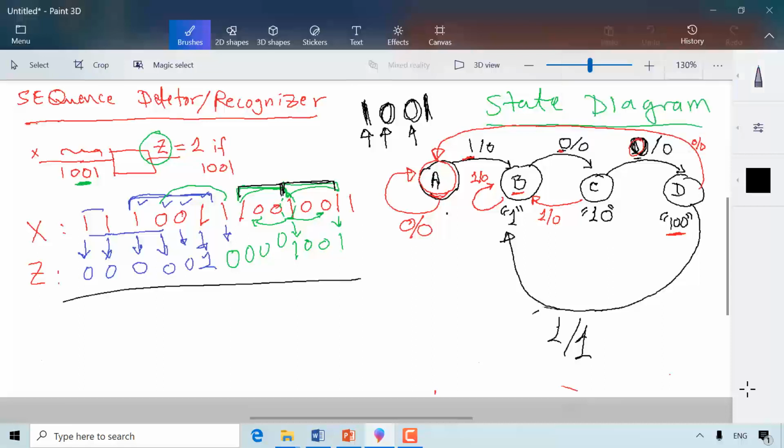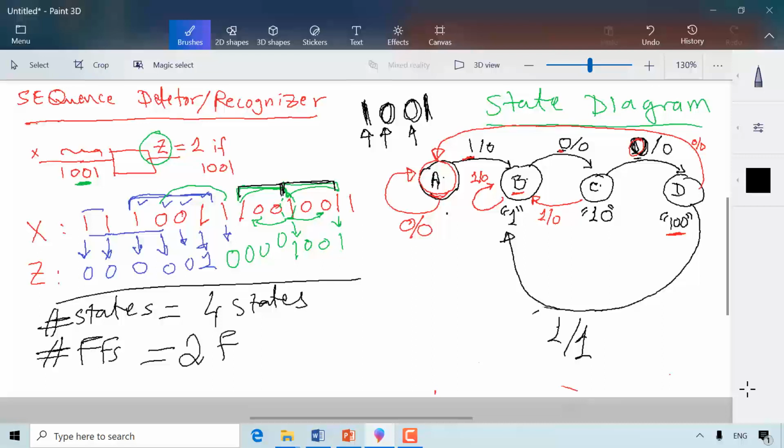In this circuit, how many states do I have? Well, let's count them: 1, 2, 3, 4. I have 4 states. How many flip-flops do I need? For 4 states, you need 2 flip-flops.